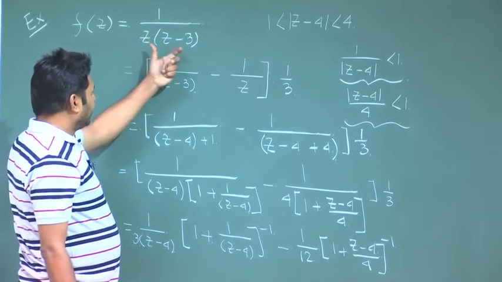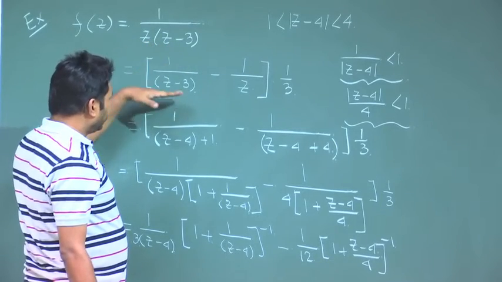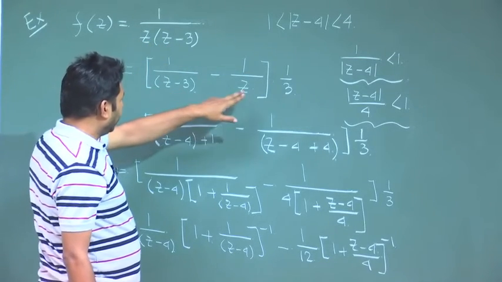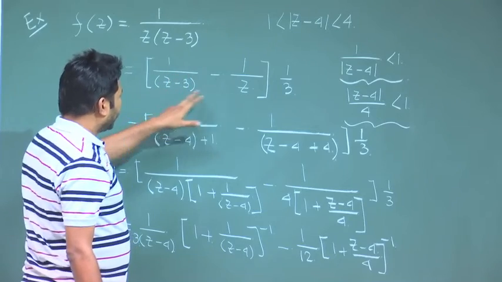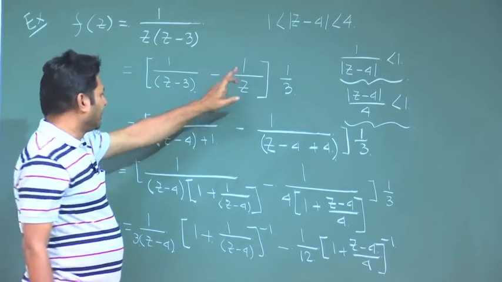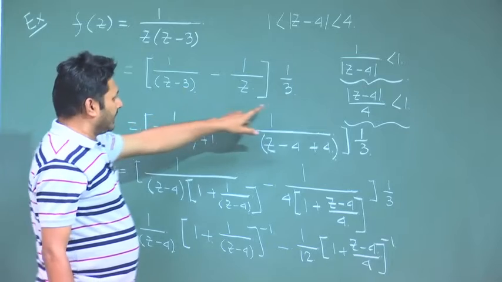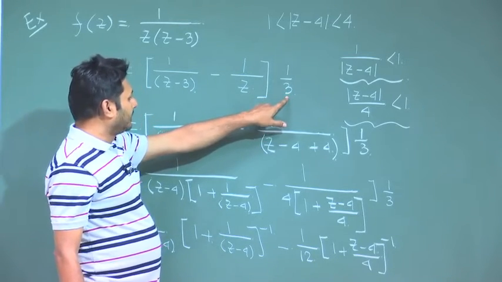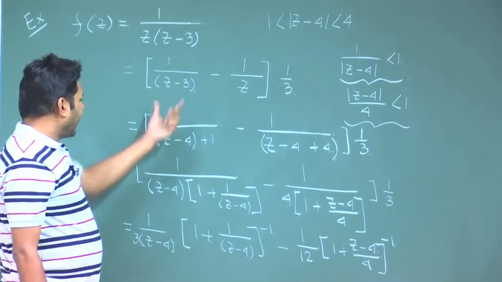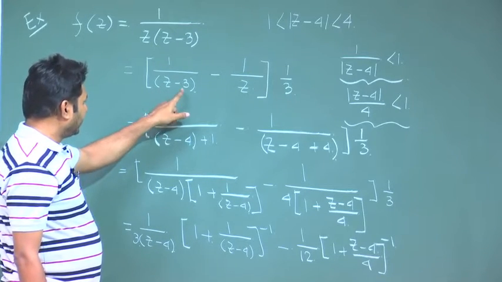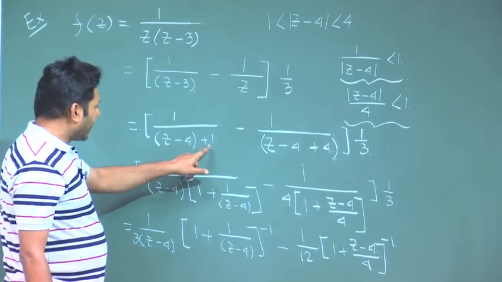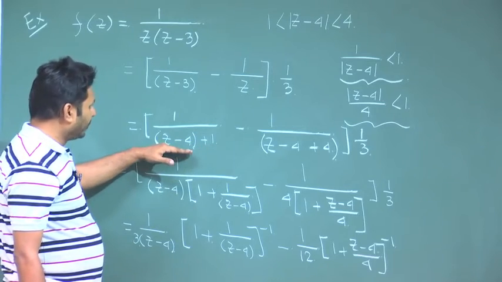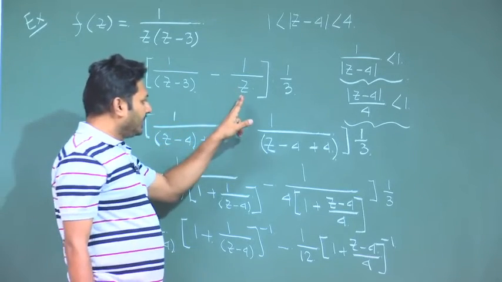So, z into (z minus 3), I divided into 1 by (z minus 3) minus 1 by z; z goes here, z minus 3 goes here. So, z will cancel out, we will have only the 3 term, and I divided this by 3, so that this 3 term cancels out. Then at z minus 3, I write z minus 4 plus 1, so that I can have the z minus 4 term in my hand, and here only z is there.